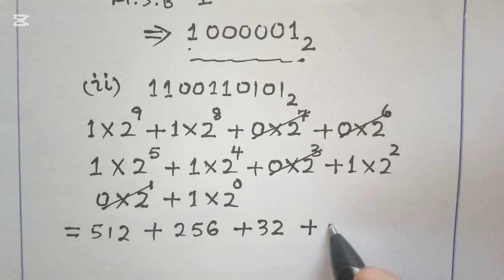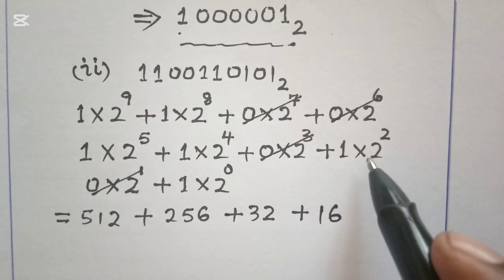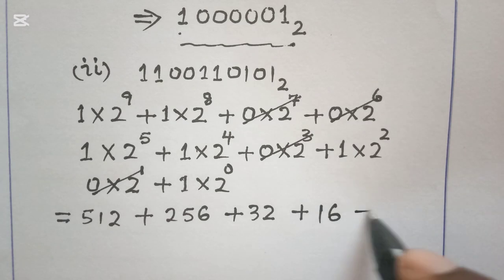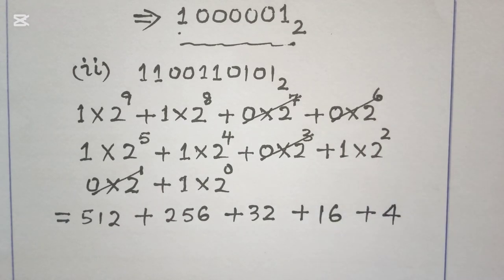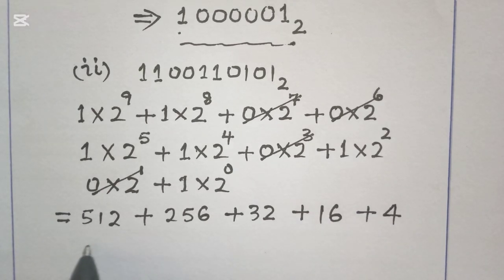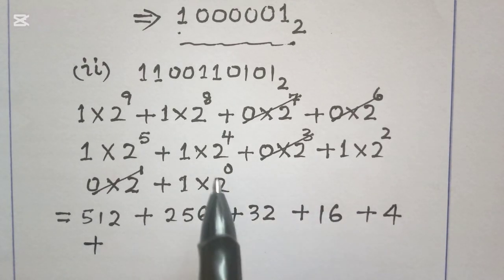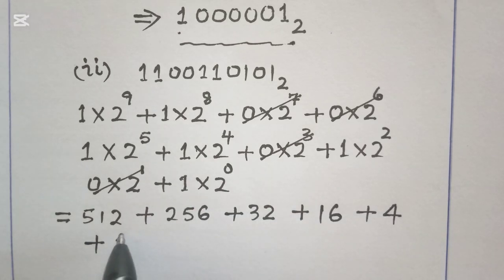That one gives us 16. And then we have 2 raised to 2. This one now gives us 4. And finally, guys, we have plus 2 raised to 0, which is supposed to be 1. So this one is 1.